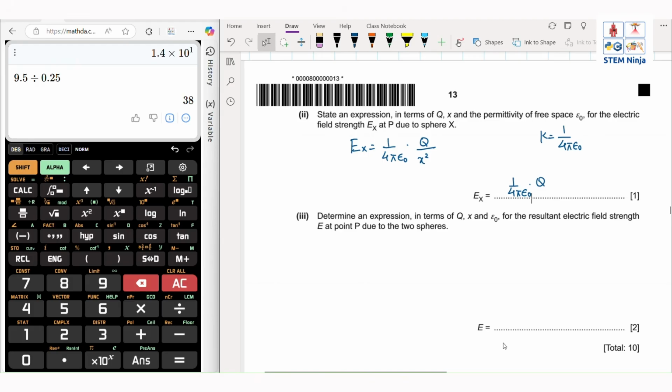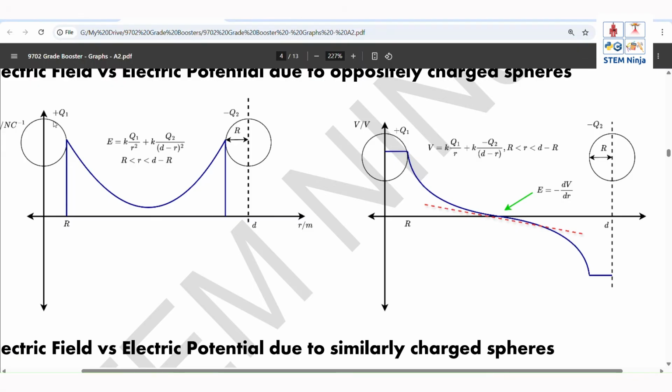Okay, so we basically said that the direction of net force is in the same direction, so it will have a lowest point, but it will never be zero. So P is the point where the electric field is the lowest, but still the forces are in the same direction.